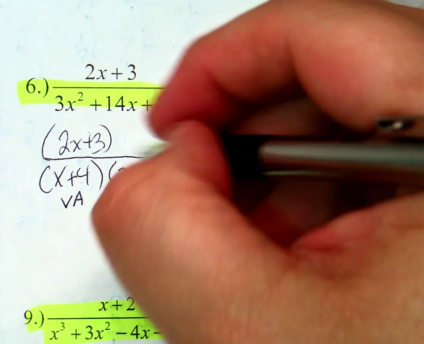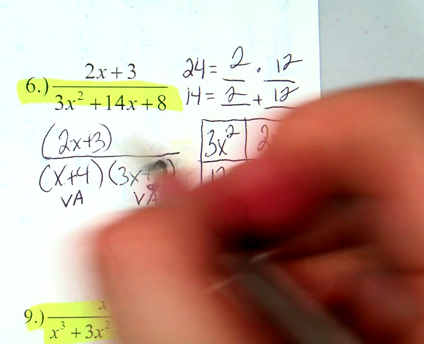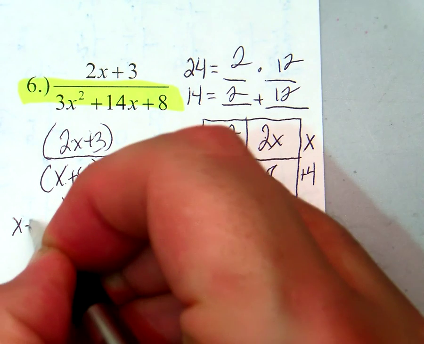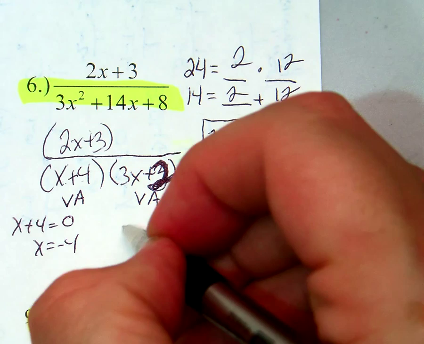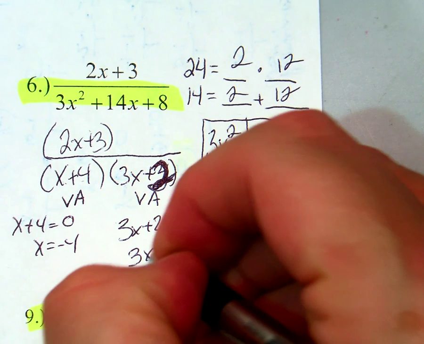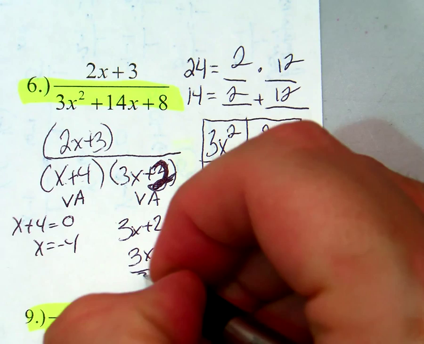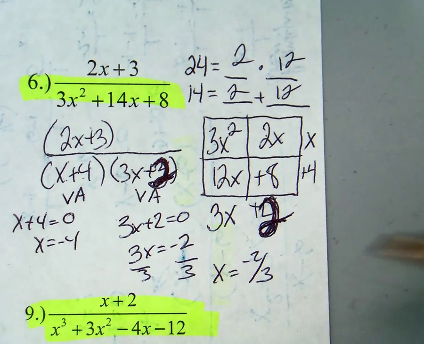All right, so now I take x plus 4 equals 0, so x is equal to negative 4. Then I take 3x plus 2 is equal to 0, so I get 3x is equal to negative 2. And so I get two vertical asymptotes.